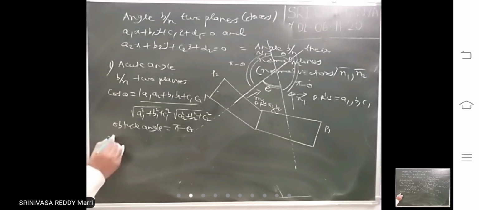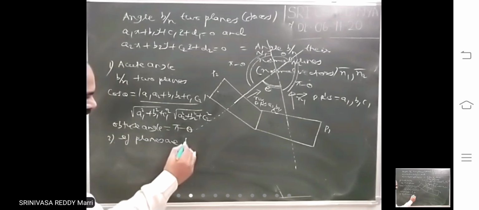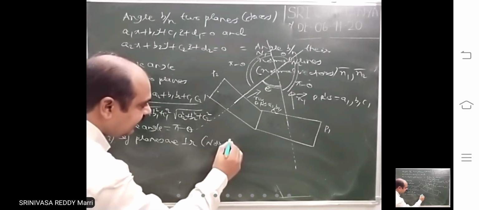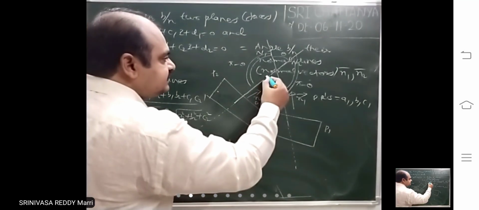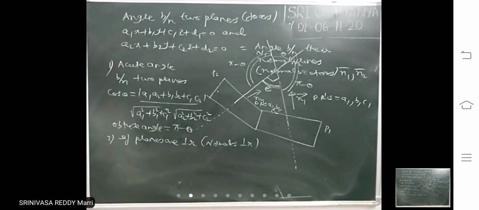Number 2, if planes are perpendicular, what does that mean? The angle between the normals is 90 degrees.